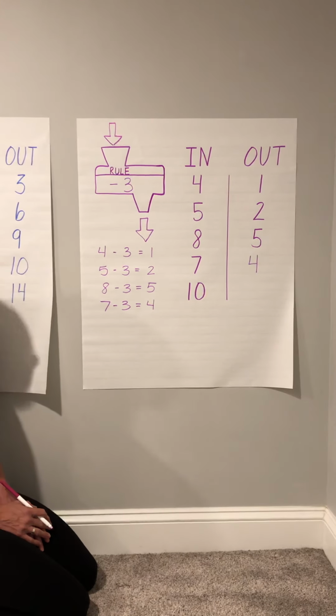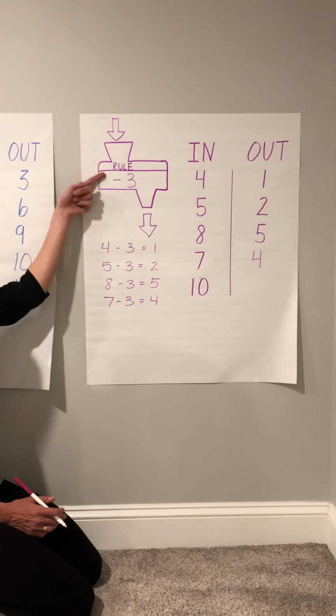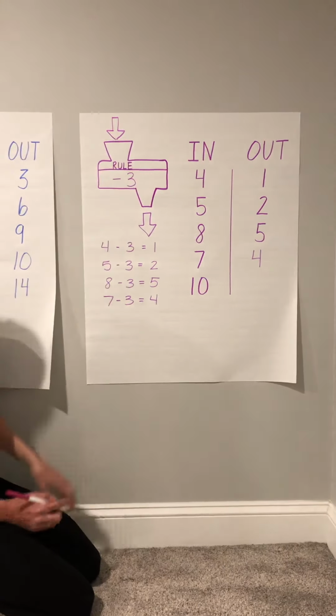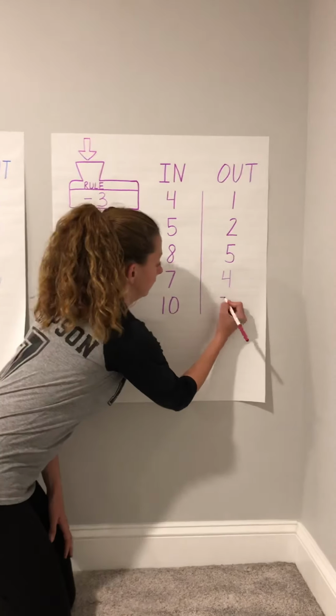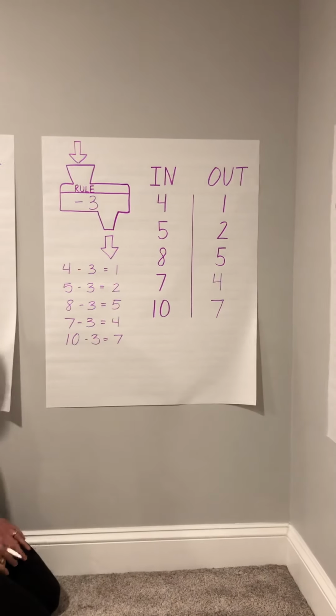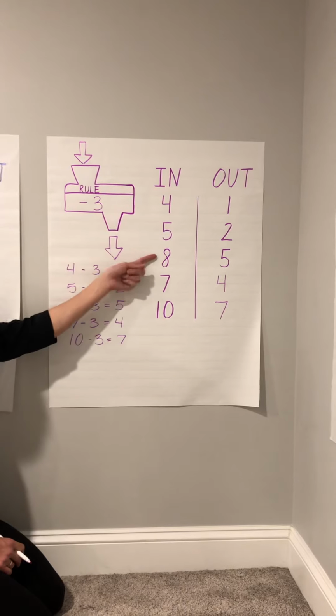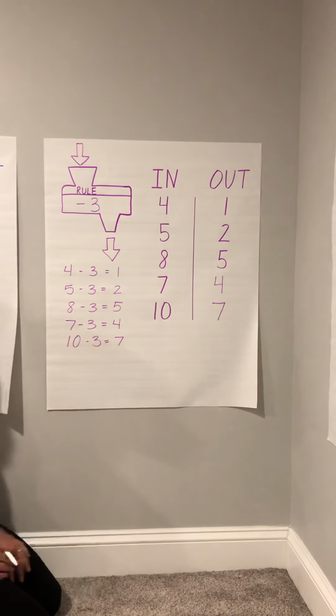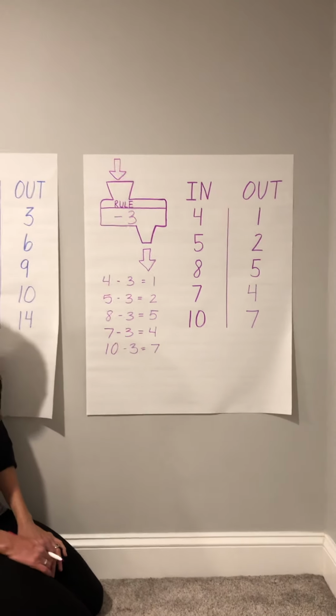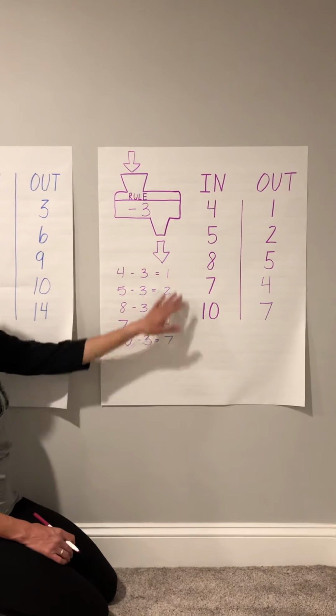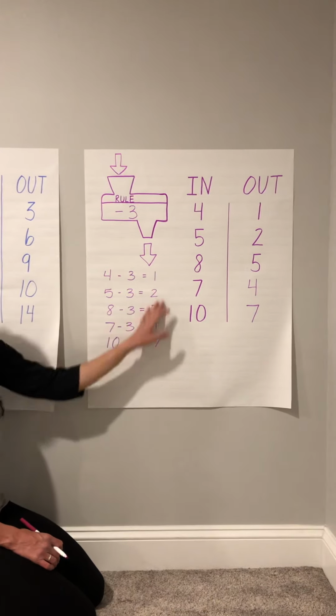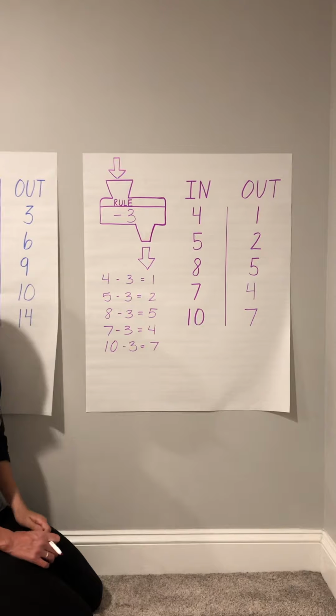My last one, if I put 10 in my machine and I take away 3, 10 minus 3 is going to be 7. So in all my examples here, my numbers are getting smaller by 3. And I need to do this work over here to check my thinking, to show my math work.